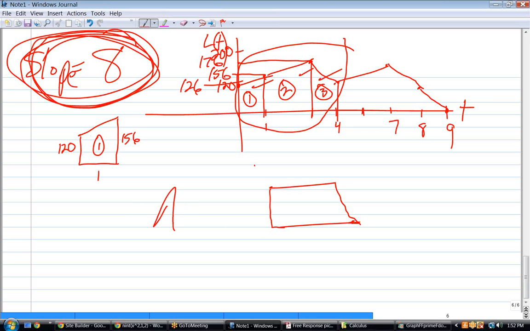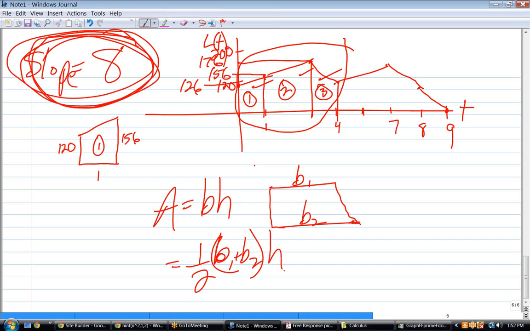So the area of the trapezoid is not base times height, because you have 2 different bases, base 1 and base 2. So it's the average base, one half B1 plus B2, times height. That's the formula for the area of a trapezoid.